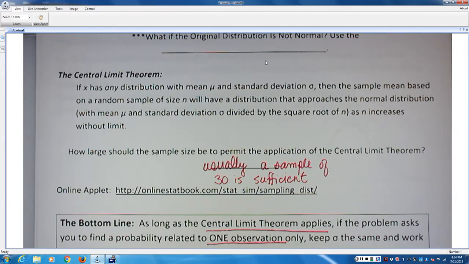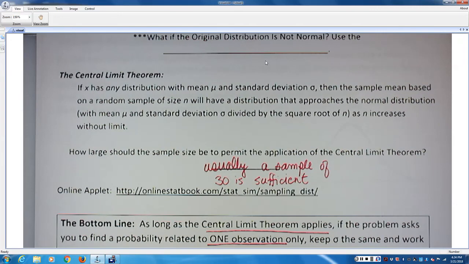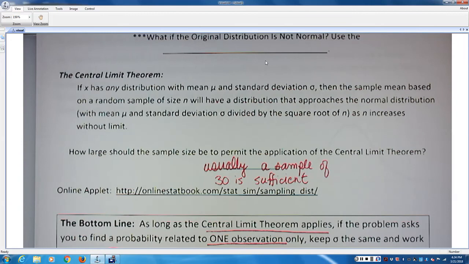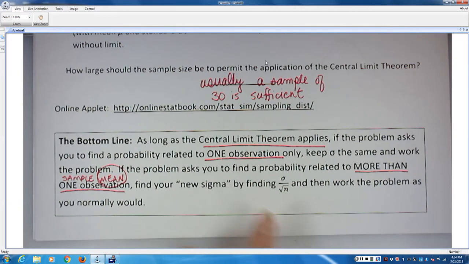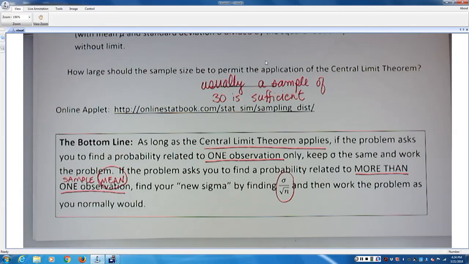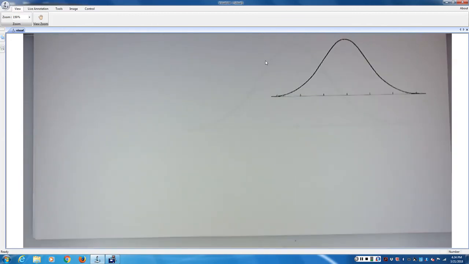But if the problem asks you to find a probability based on more than one observation, in other words, a sample mean, and the most important part of that is the word mean, you find your new value for sigma by dividing the square root of the sample size into the value of sigma you have. And then you work the problem the same way. Nothing changed. Okay? That's really all that means. So we're going to do one application problem, then I'm going to cut you loose.